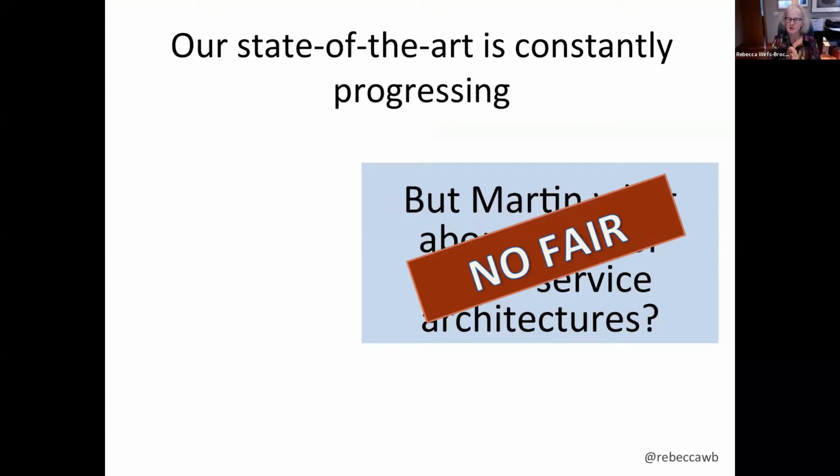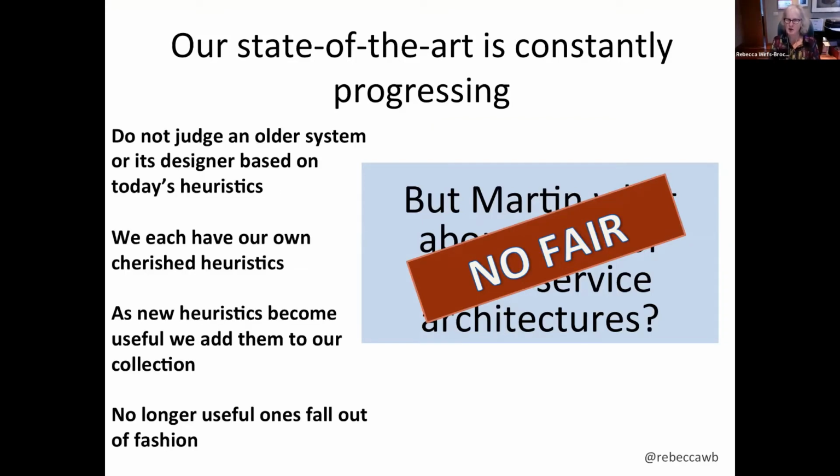If I'm looking at an existing system, it was constructed using the heuristics that the designers and developers thought were appropriate at that time. And our state of the art advances. Don't judge an older system or the designer who made that older system based on today's heuristics. We know new things and we apply new things.